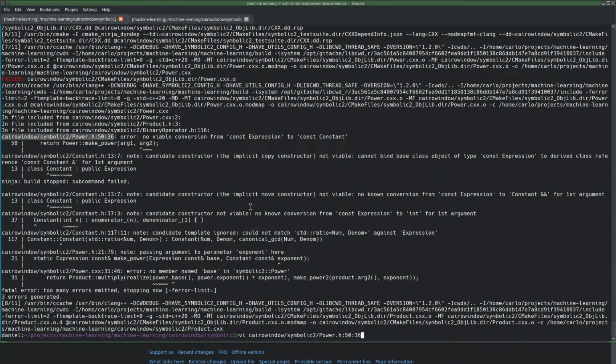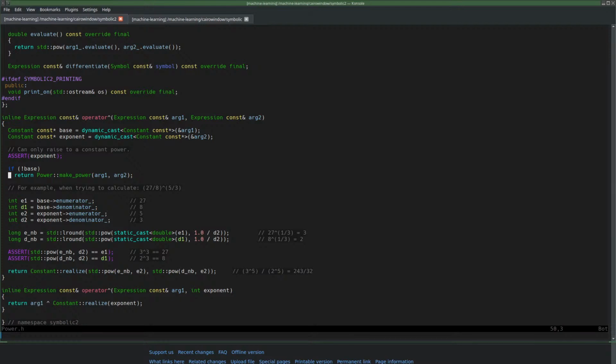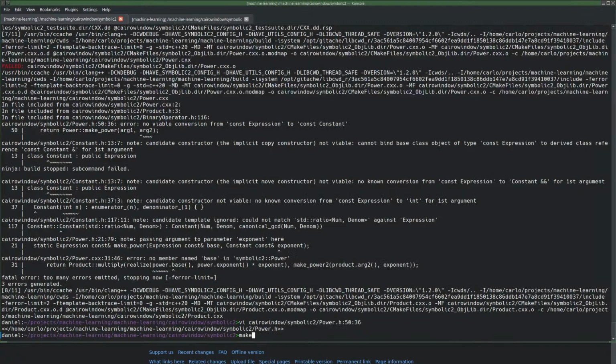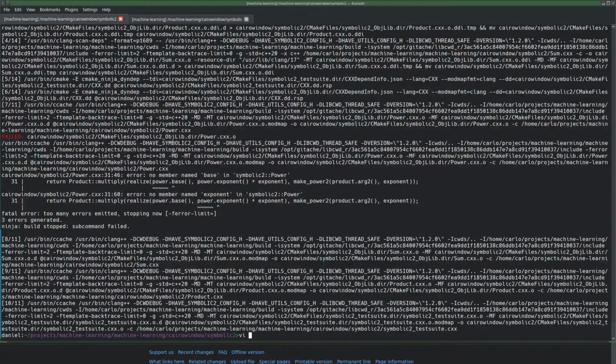No conversion from constant expression to constant. No member named base in power.